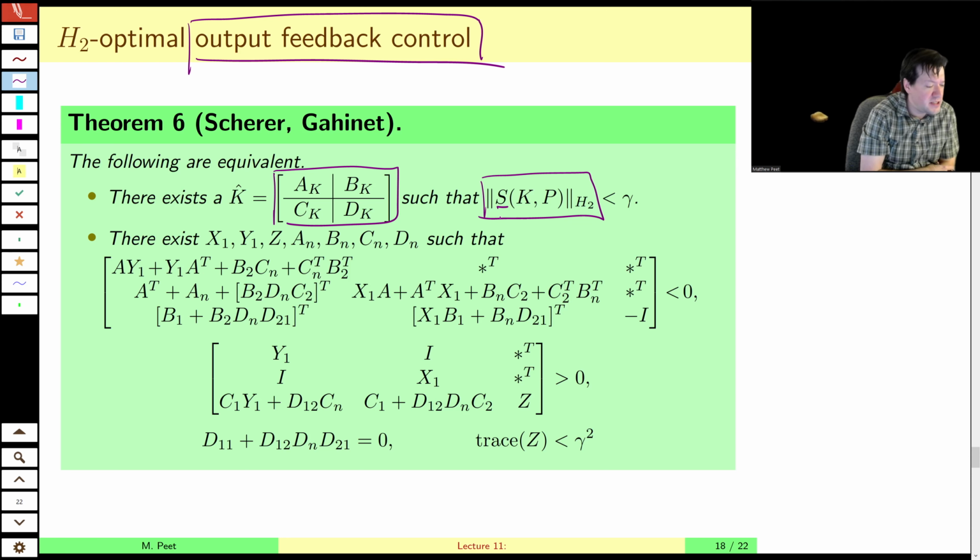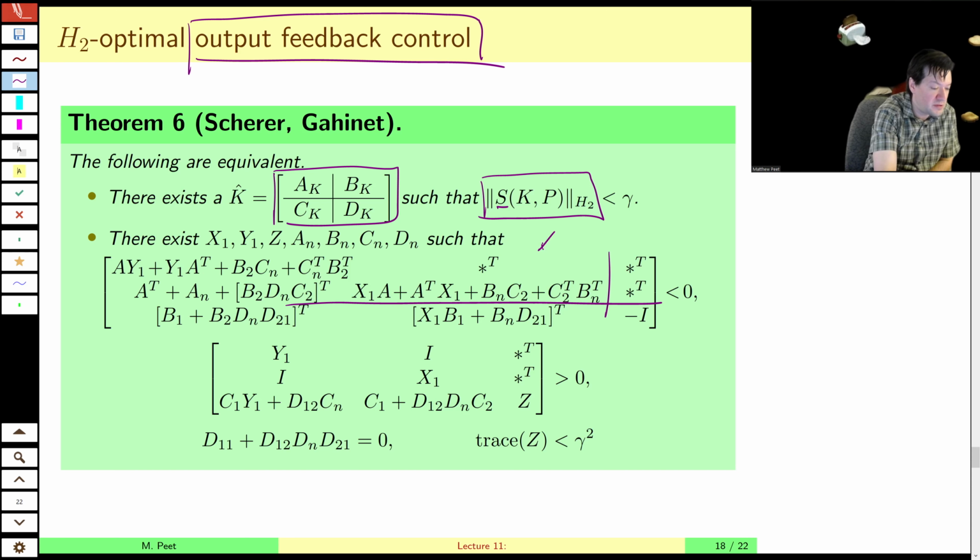And the reason is the structure of that LMI for H2 minimization has a lot in common with the structure for the H-infinity norm minimization. So in particular, if we apply that here, we partition this matrix, that was the AP plus PA block, and this was the C block.